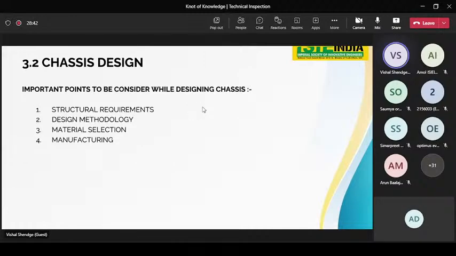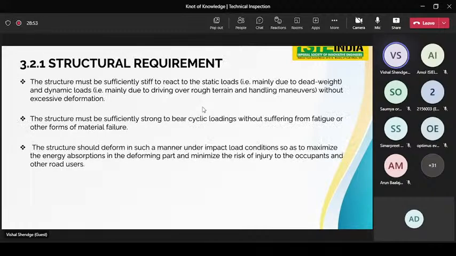Important points to be considered while designing the chassis are structural requirements, design methodology, material selection, and manufacturing. The first job of any vehicle structure designer is to ensure that the requirements are met, since this is critically dependent on the overall structure layout and determines how the vehicle will handle during normal and extreme conditions.